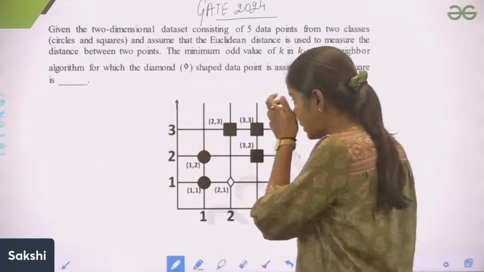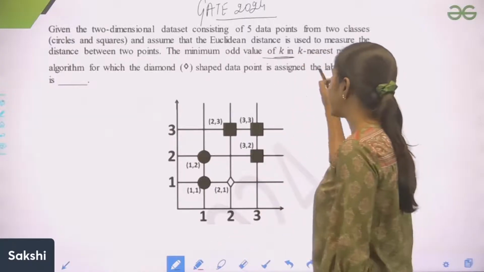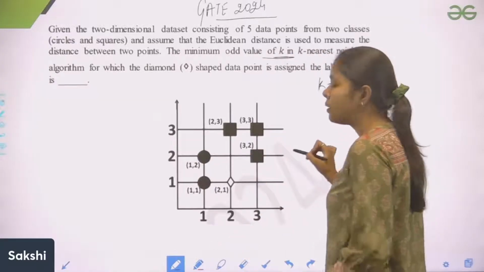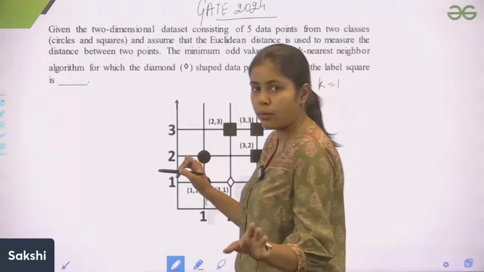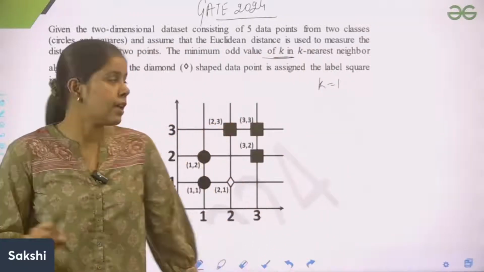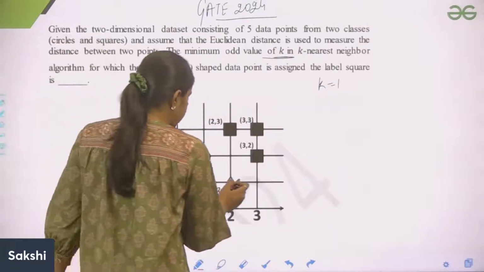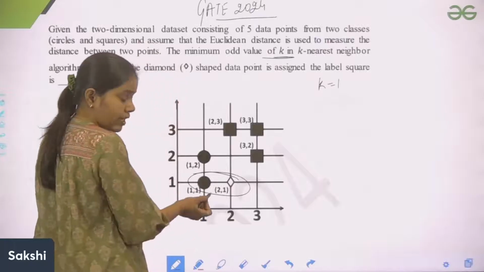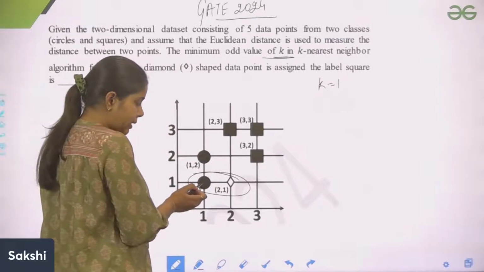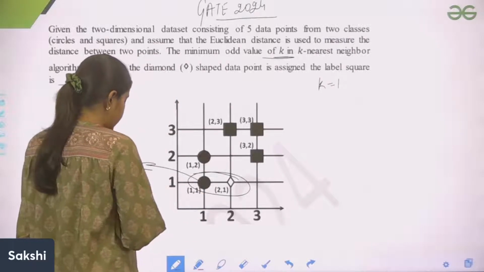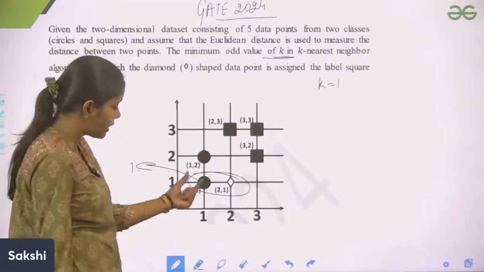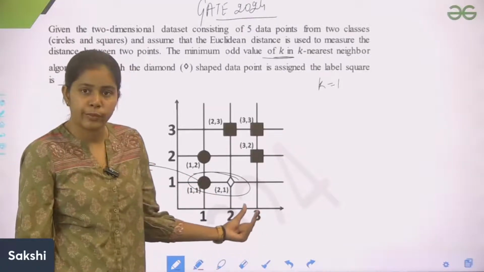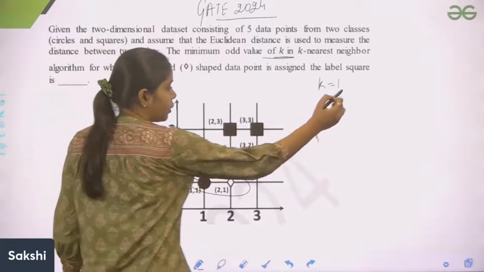So see, guys, they are saying the minimum odd value of k. So I'll start with k equals 1 because they are saying odd value. So I can only take 1, 3, 5, 7 like this. So let's take k equals 1. If I take only one data point, you can see that this is the closest one, and here we have only one circle. Obviously, if we have one circle, this diamond would be assigned as circle. So 1 is not true.